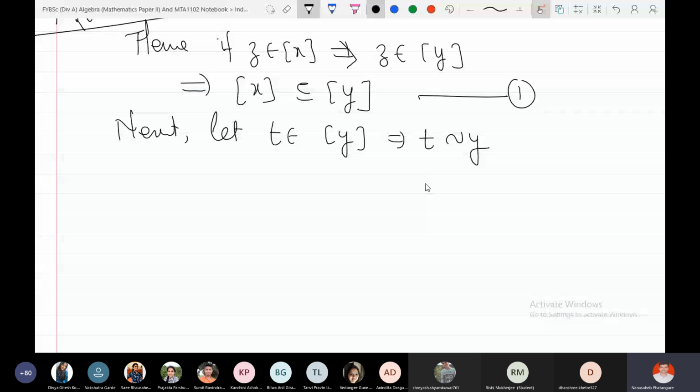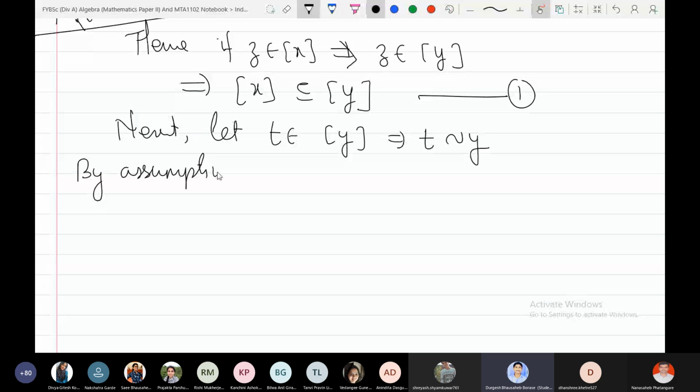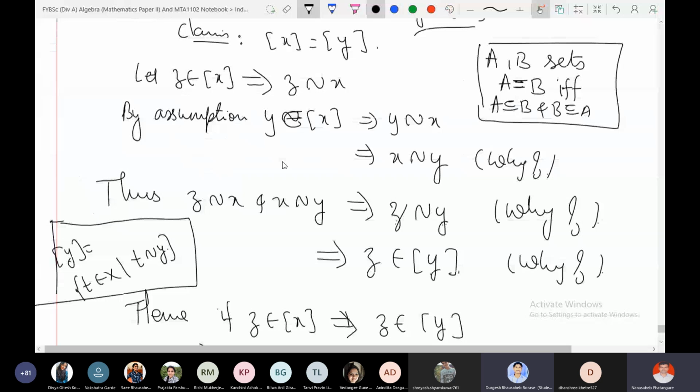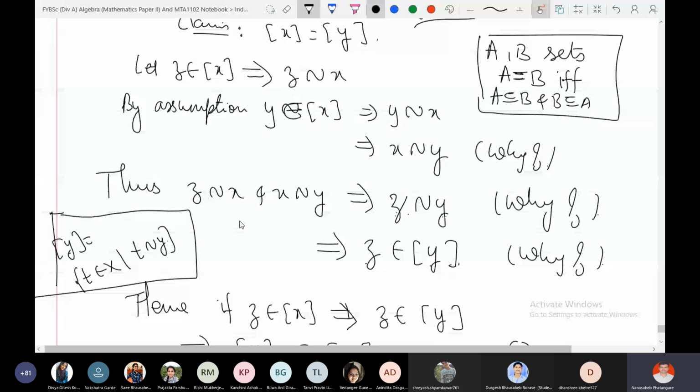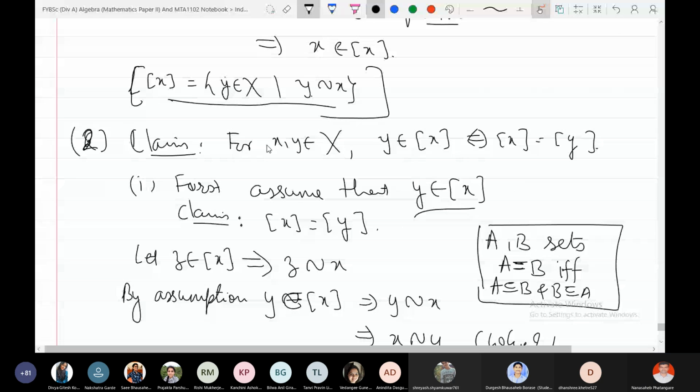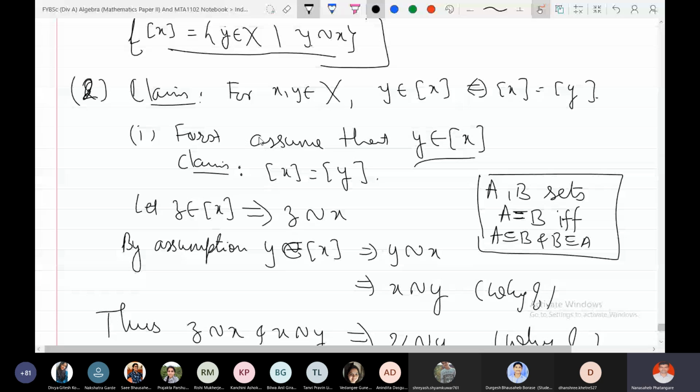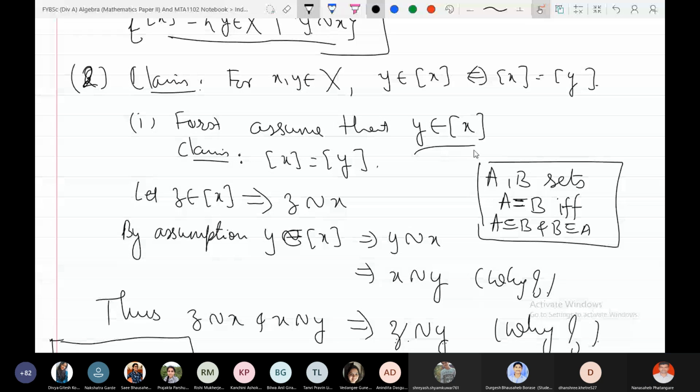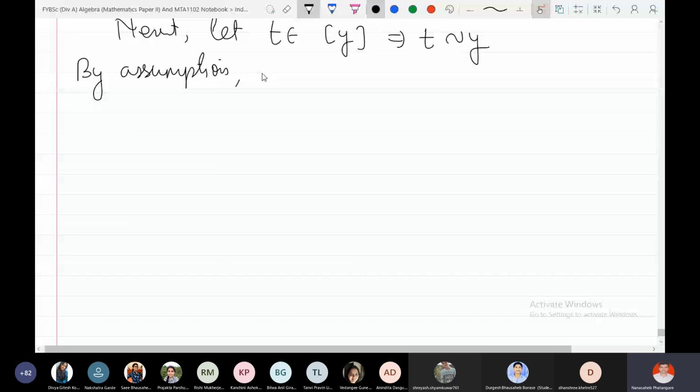And what is our assumption? Our basic assumption is that Y belongs to class of X. We are talking about particular X and Y, and for that we are proving something.